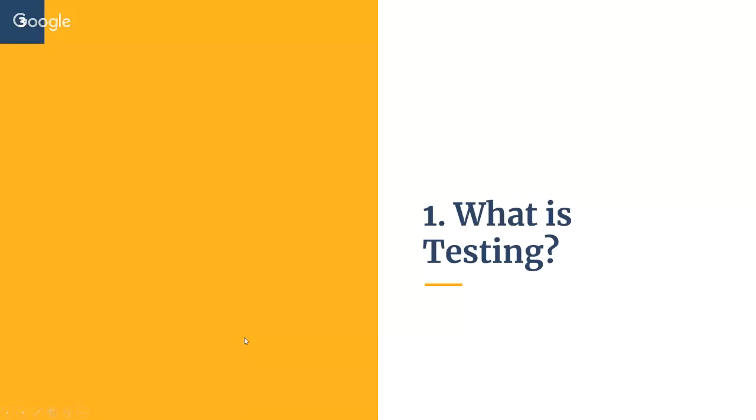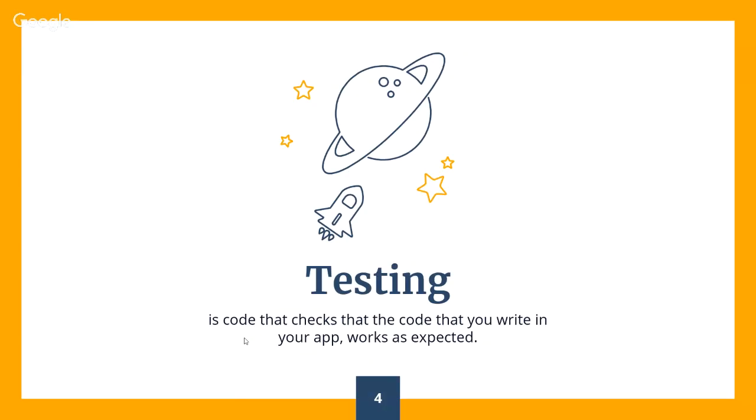Firstly, let's have a general conversation of what testing is. All right, so testing is code that checks that the code you've written works as expected. Essentially, a test is just simple code that you would normally write, but its focus is to test code that you've already written.